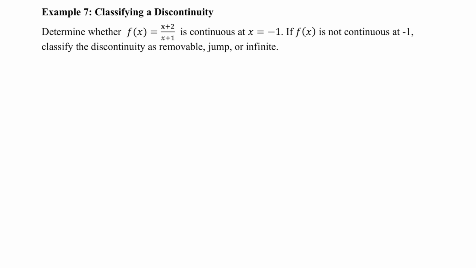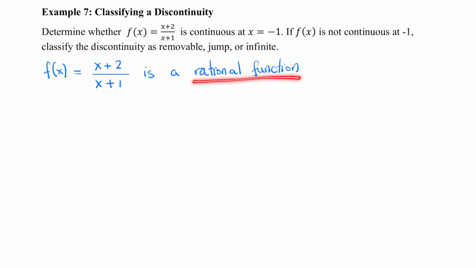Now, let's look at another example. Determine whether f of x is continuous at x equals -1. If it's not continuous, classify the discontinuity. f of x is (x plus 2) over (x plus 1). This is also a rational function. A rational function is continuous everywhere except where the denominator equals 0.